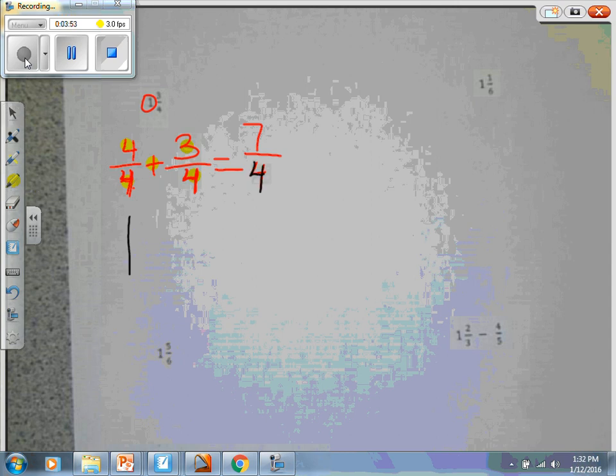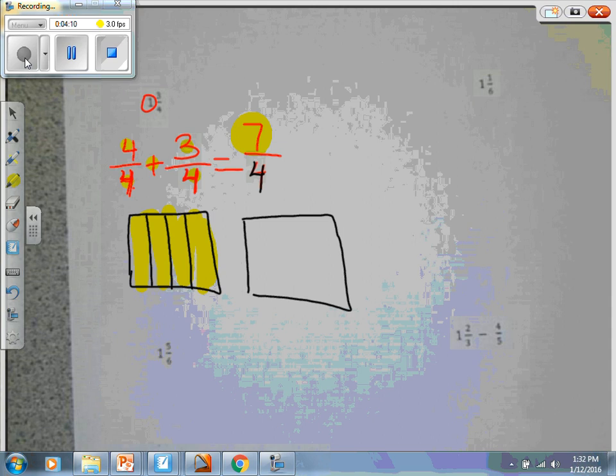I'm going to go ahead and draw my rectangular model. Because my denominator is 4, that means my square is going to be broken up into 4 pieces. My numerator tells me that I have 7. 1, 2, 3, 4. I need to have 7, so I need to draw another one. Break it up into 4 pieces.